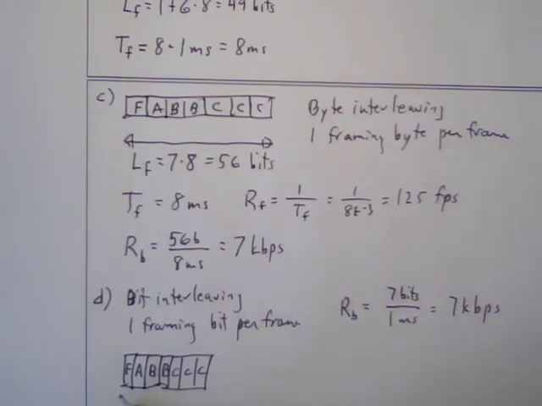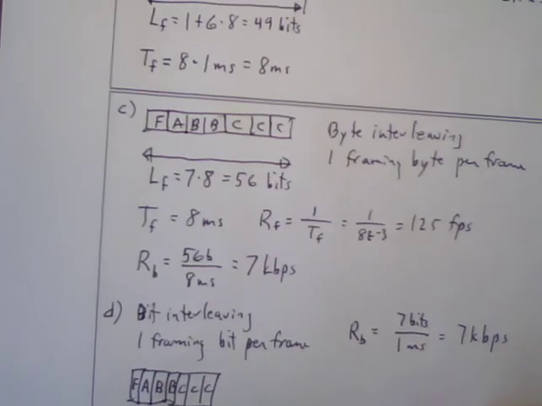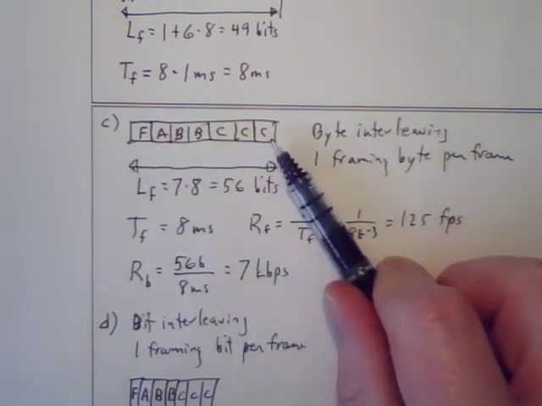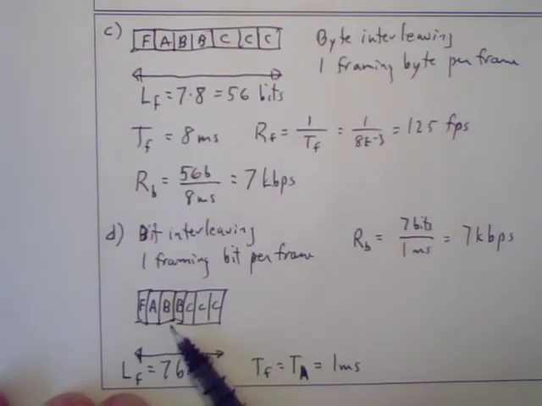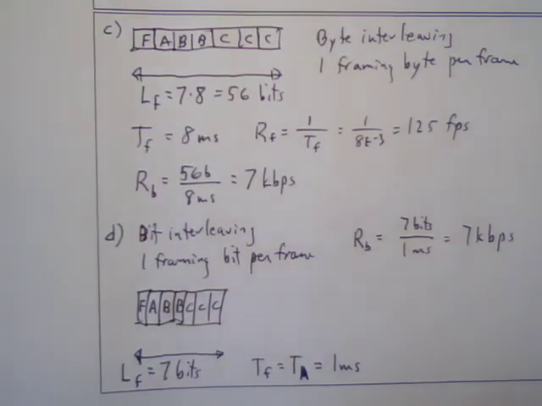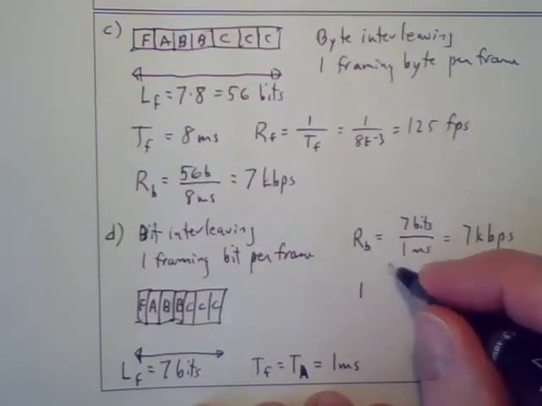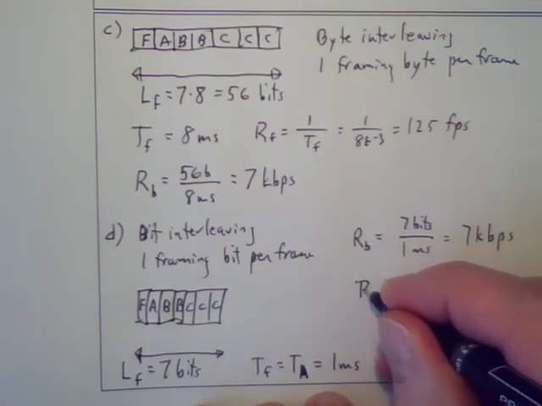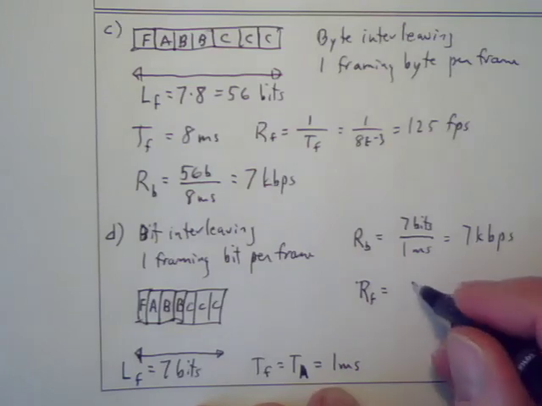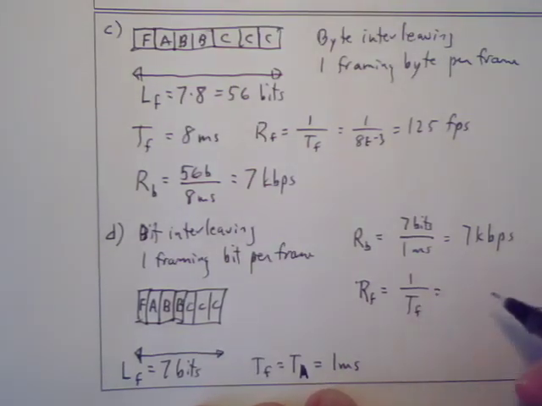Because we're adding exactly the same amount of overhead: 1 part in 7 is overhead. There it was 1 byte out of 7 bytes, here it's 1 bit out of 7 bits. Finally, the frame rate is 1 over the frame period, 1 over 1 millisecond, or 1,000 frames per second.